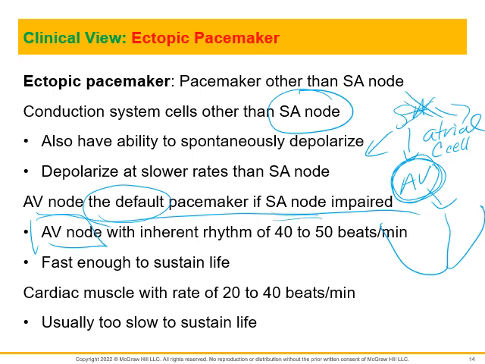If this is somehow damaged, the AV node can take over. You still have enough flow of blood, you still have a high enough cardiac output, the heart is still beating fast enough to pump blood fast enough to sustain life. If it drops too low, if your heart is not beating fast enough, you cannot sustain that perfusion or blood flow to feed all of your tissues and sustain life.